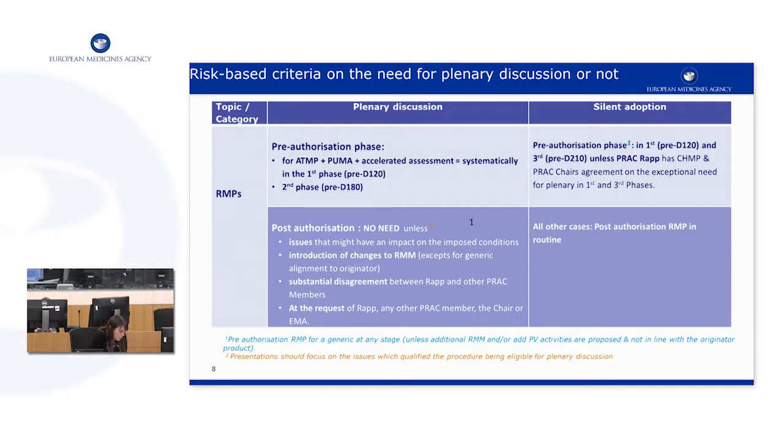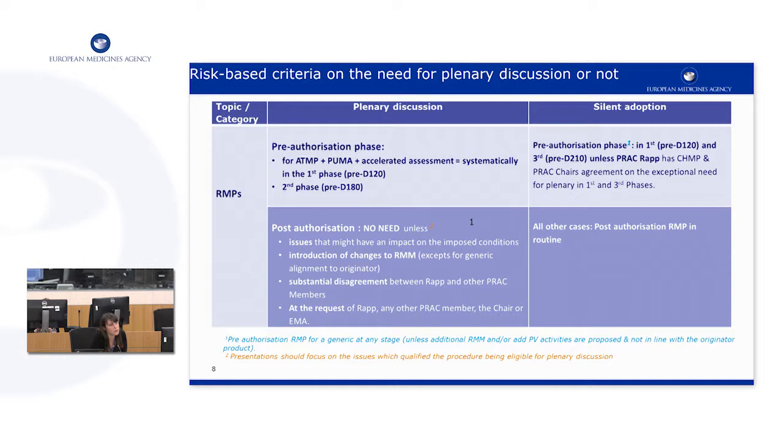Now, if I move to the post-authorization procedures, in fact, most of them go for silent adoption, but there are some exceptions. If there is an issue that might have an impact on imposed conditions, if there is an introduction of changes to risk minimization measures, and also, as usual, if there is substantial disagreement between rapporteurs and PRAC members, and also upon request, basically.